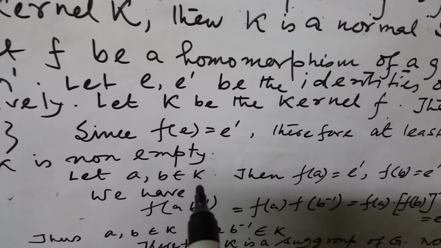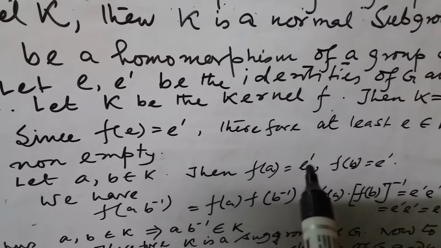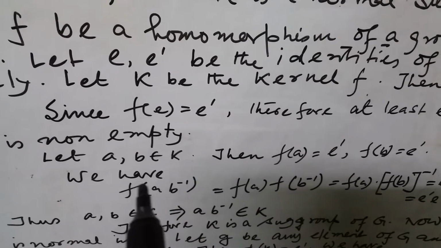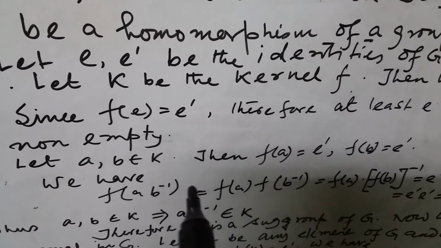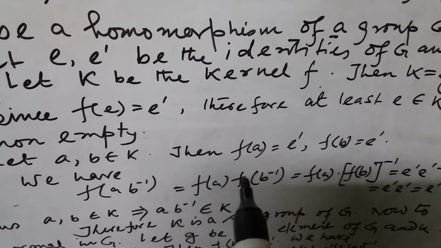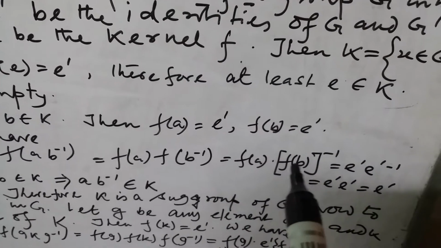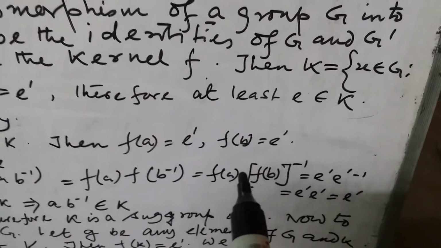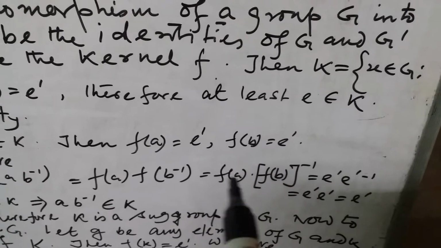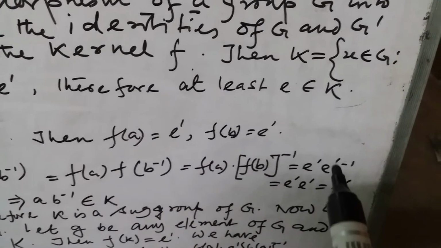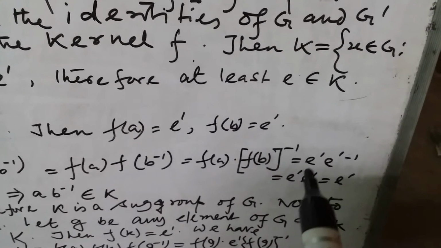Let a, b belong to K, then Fa equal to E dash, Fb equal to E dash. So we have F(ab inverse) is equal to Fa, Fb inverse, that is for homomorphism, and from the group condition, this is E dash inverse, that is equal to E dash.